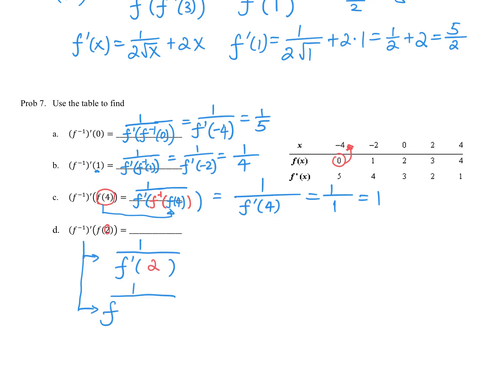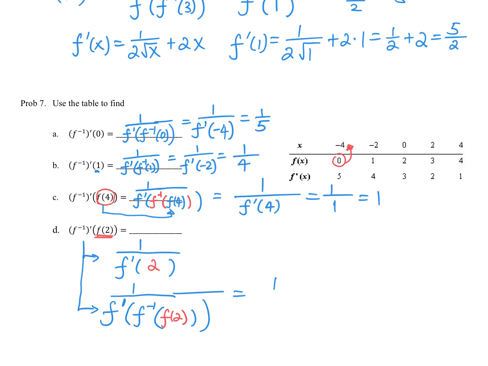So, and inside, I'm sorry, this is f prime, not f inverse. f prime of f inverse of this guy, right? f of 2. And f inverse of f of 2, this guy undoes the other, so it's going to be 2.